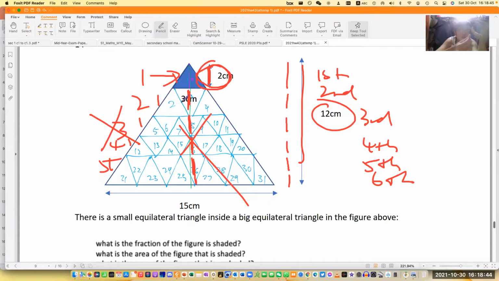Then this one is 3 cm. Can you see this is 3 cm? So you have 15. So how many do you have? 1, 2, 3, 4, 5 for the base. Because 3 cm is one of them, 15 cm, you're going to have 5 of them below. So 6 of them vertically, 5 of them horizontally.